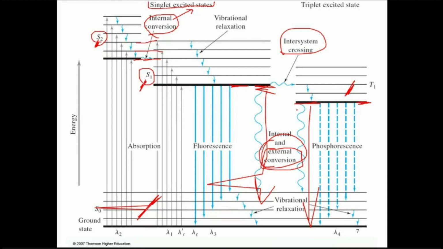Additionally, when this external conversion occurs, the molecules will get transferred from S1 to ground state, T1 to ground state. External conversion cannot occur from S2 to ground state.